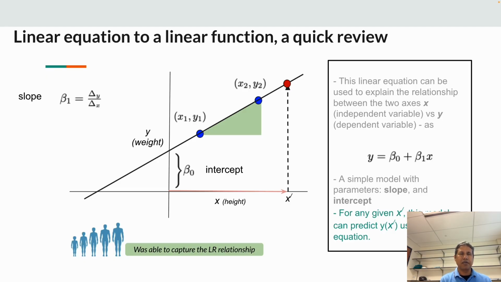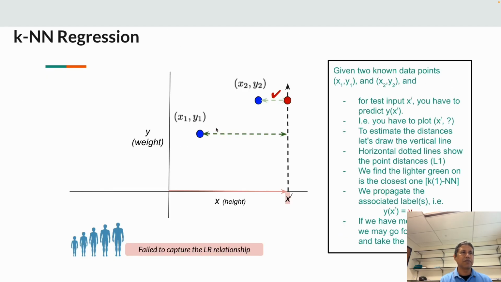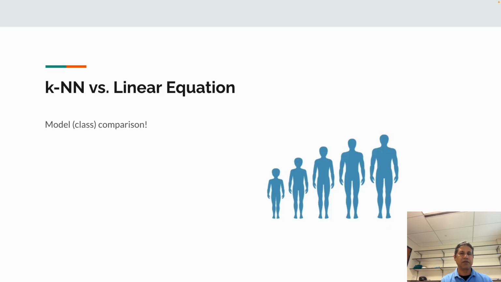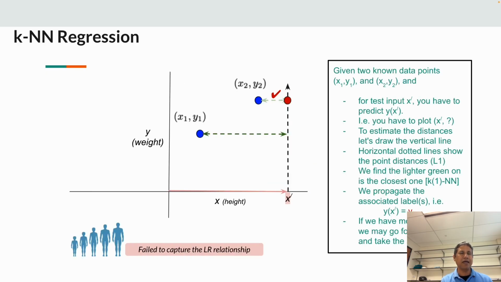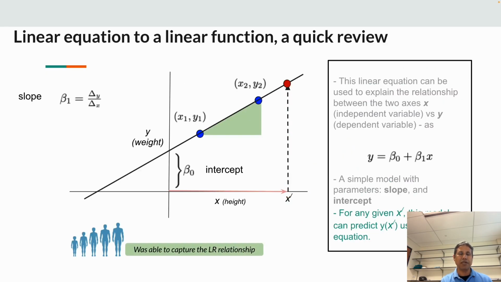Here we learned about a new kind of model, which we call a parametric model, because once you have figured out the beta 0 and beta 1 values, you can throw away these two data points. But for the KNN model, you will always need to keep these data points in your memory. In our coming classes, we'll be discussing this topic more, but the KNN model is a non-parametric model whereas the line is a parametric model.